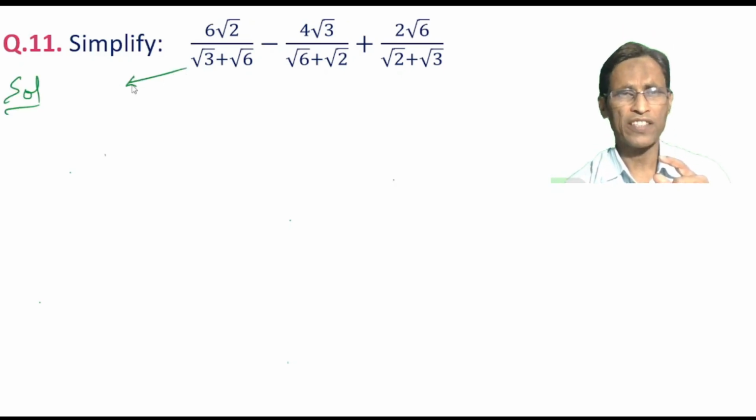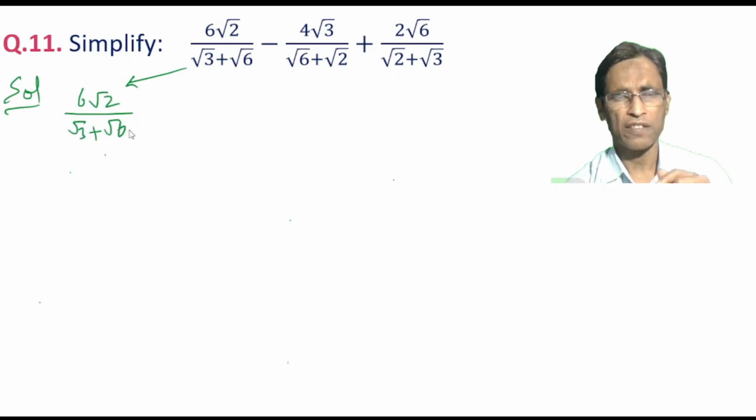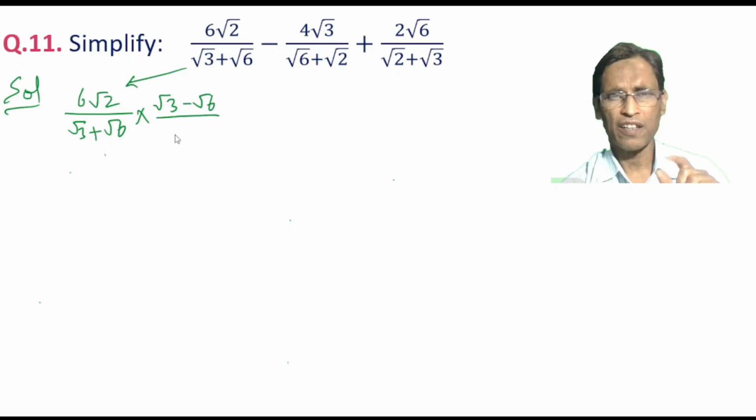The first fraction comes 6 root 2 by root 3 plus root 6 into root 3 minus root 6 by root 3 minus root 6, minus.